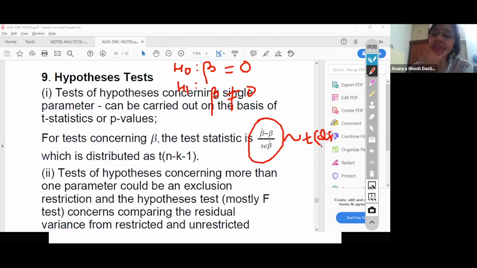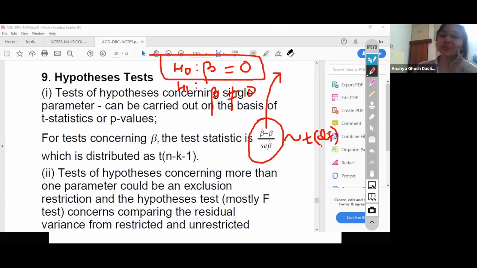Okay, so the degrees of freedom of the t statistic in this case is going to be 524. Okay, now how do I proceed with the hypothesis test? I proceed by assuming the null is true. Now, when I assume my null is true, look what is happening to beta. Beta is equal to 0. Then what does this become? The t statistic simply becomes beta hat upon the standard error of beta hat.